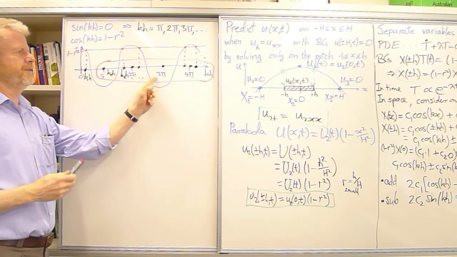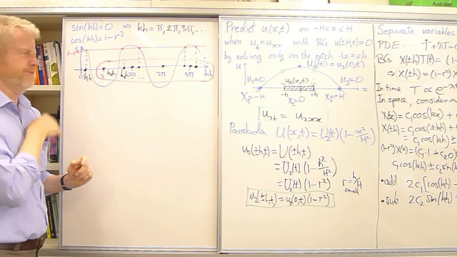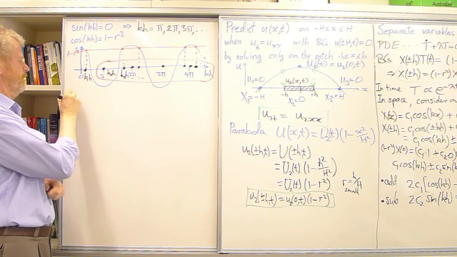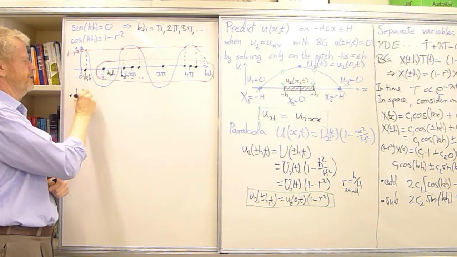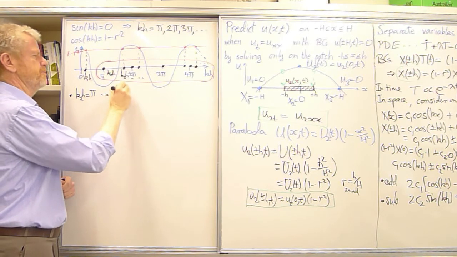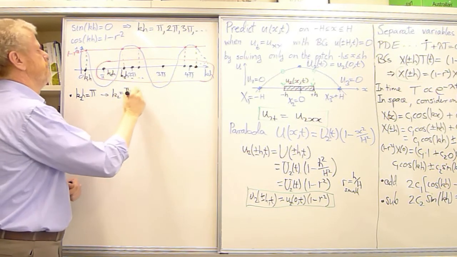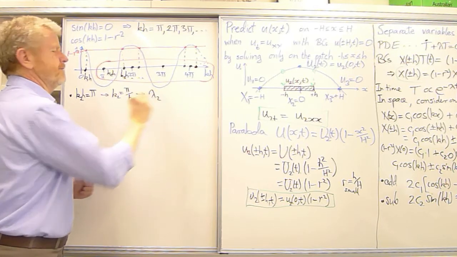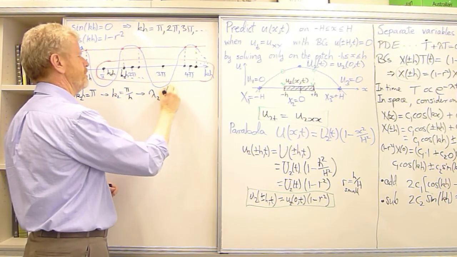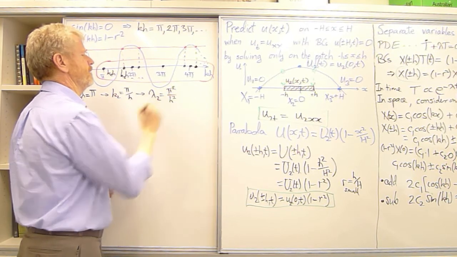So let's have a look at all of these first. In particular, let's have a look at the first one. K2H is equal to pi, so that says K2 is equal to pi over h. What does that say? It says the corresponding separation constant lambda 2 is equal to pi squared over h squared.